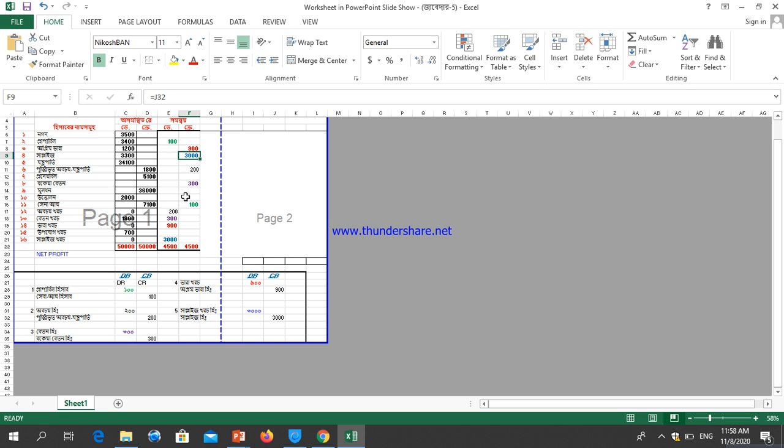And from here we have to extract the assets, liabilities and the owner's equity, and we may understand from the balance sheet the actual financial position of the company. So adjusting entries are very important.